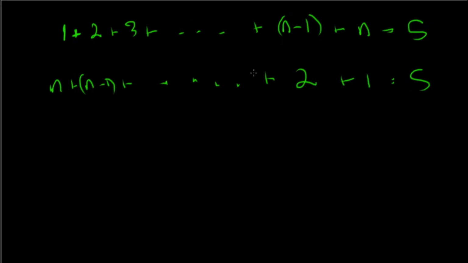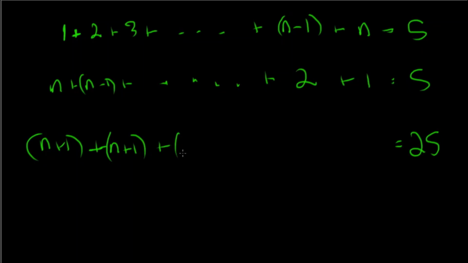And then what is the sum of each column of numbers? So S and S, that's going to be 2S. Let me maintain the capital S there. And then n plus 1, that's n plus 1. n minus 1 plus 2, that's also n plus 1. 3 plus n minus 2, that's also going to be n plus 1.